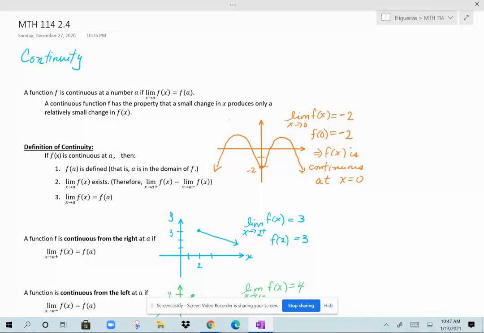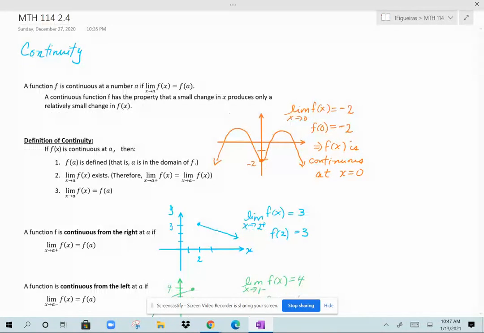If you need to pick up your pencil to go to a different piece of the graph, like if it's a piecewise function, sometimes you need to do that when you have asymptotes. You won't be able to draw it continuously.